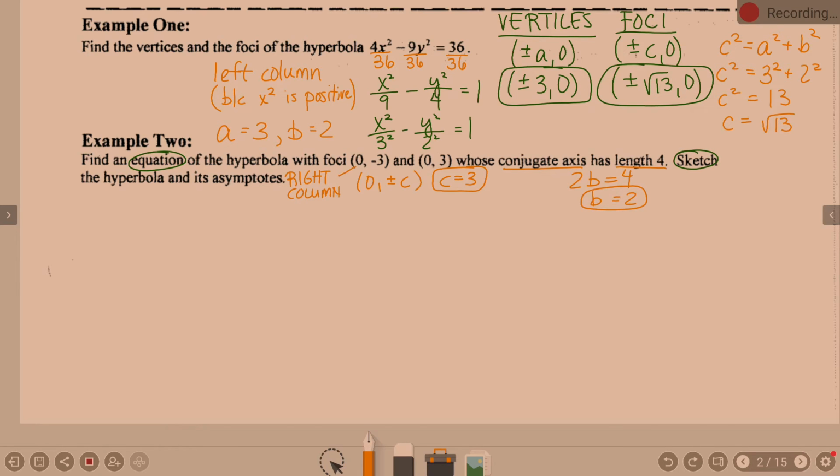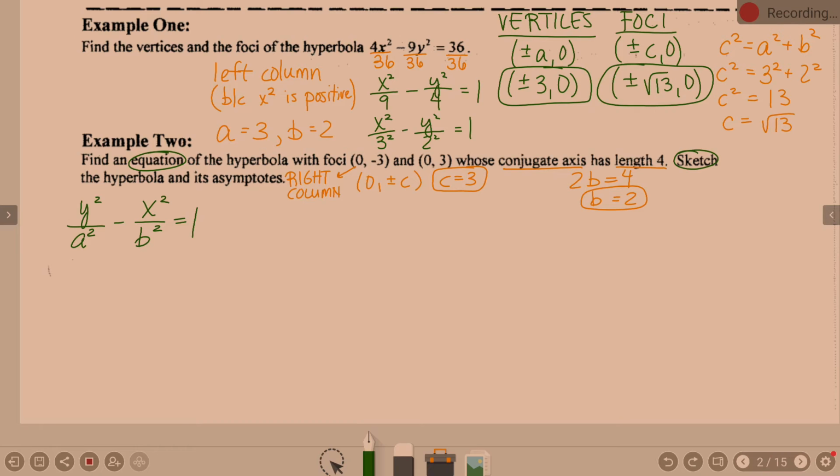So when I go to write my equation, I'm going to be doing y squared over a squared minus x squared over b squared equals 1. That's the equation I'll be filling in.